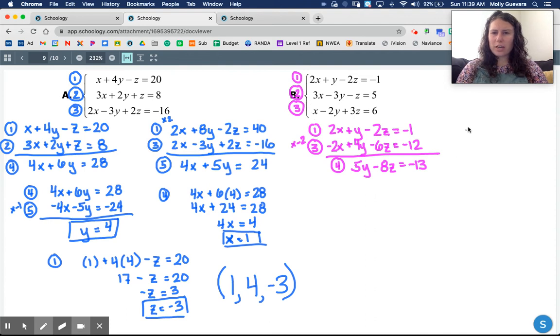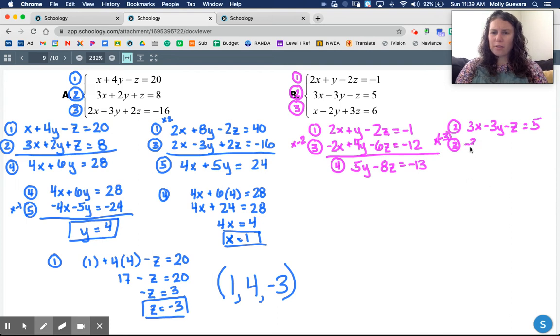So now let's do 2 and 3. So 2 is just going to stay the way it is: 3x minus 3y minus z equals 5. And then 3, in order to eliminate the x, I'm going to have to multiply by negative 3. Right? Multiply by negative 3.